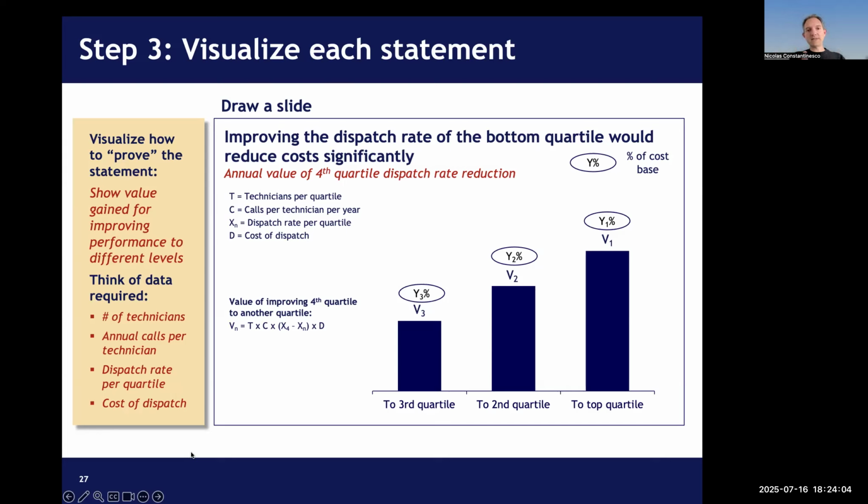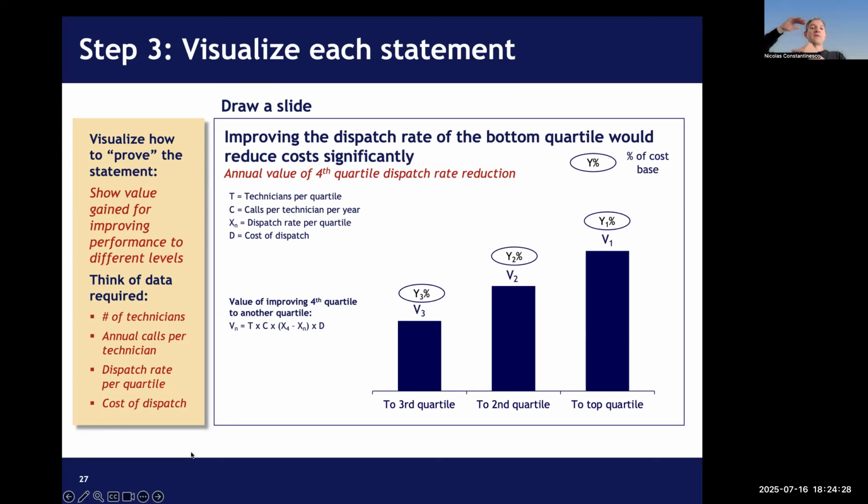And this is also some kind of slide that you can anticipate upfront. If you imagine that you improve the performance of the bottom quartile technicians to the level of the third quartile, it'll give you this much extra value.